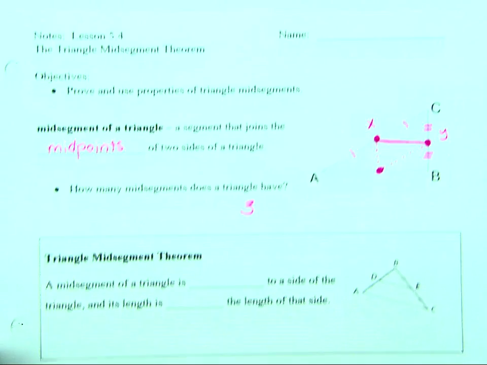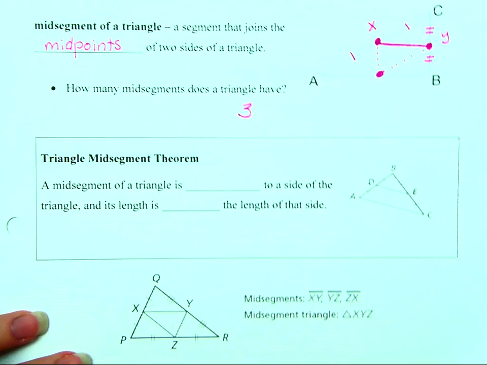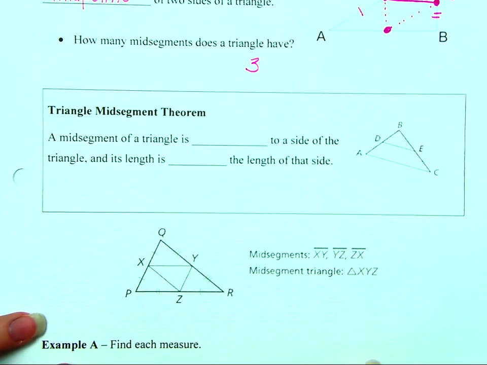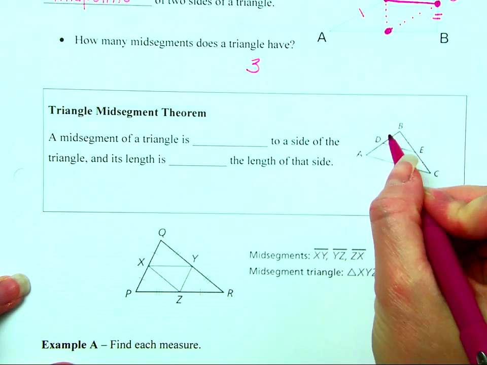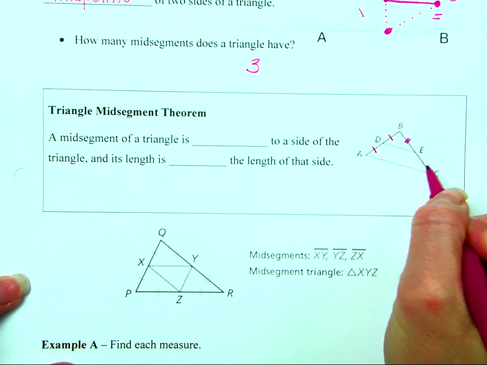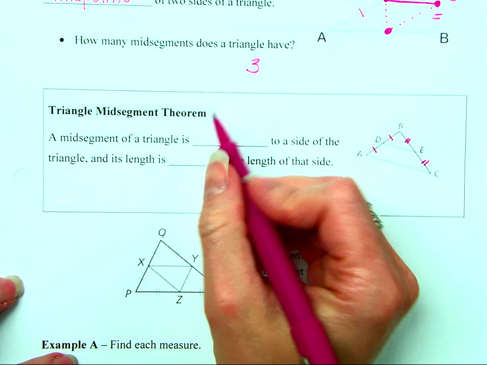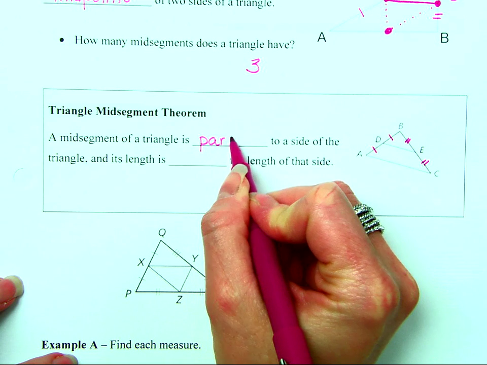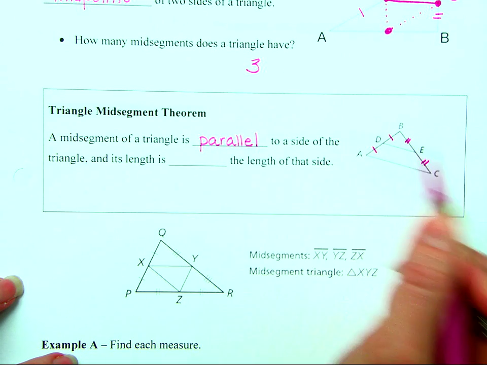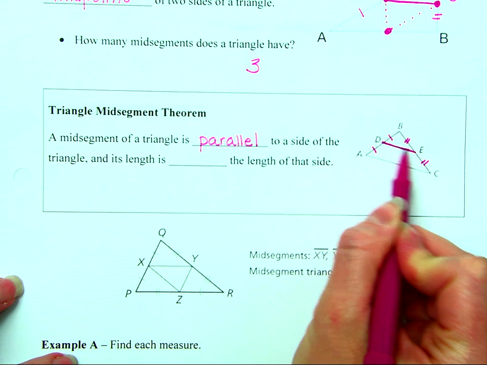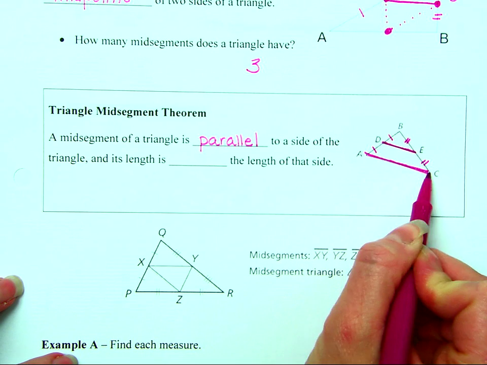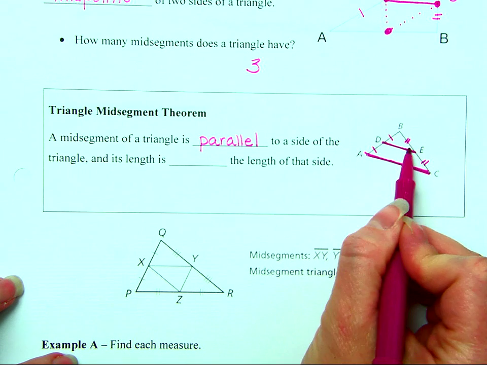If we take a look down below, the triangle midsegment theorem, again, I know they're showing me a midsegment by the tick markings. And the midsegment of a triangle happens to be parallel to the side of a triangle. So here my segment DE and my segment AC are parallel.